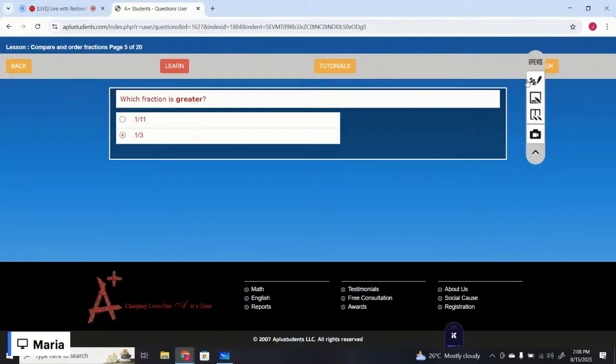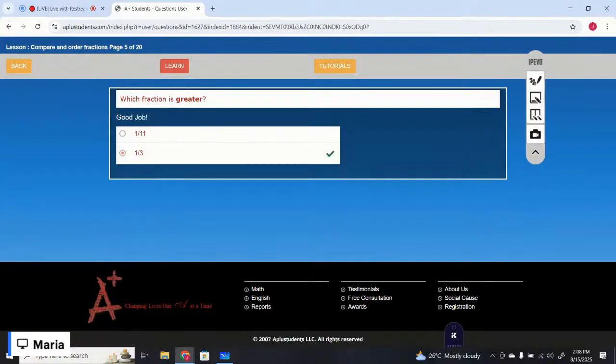So 1 by 3 is greater. 3 means you have three big portions, right? But 1 out of 11 means you have 11 small portions. So 1 out of 3 is greater than 1 out of 11. Option number 2 is the correct option.